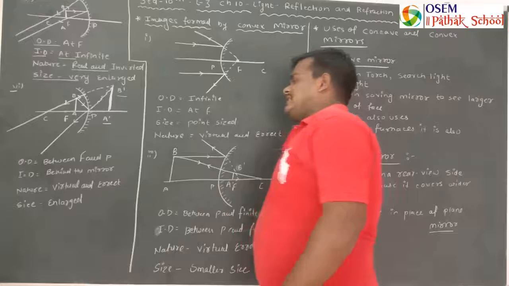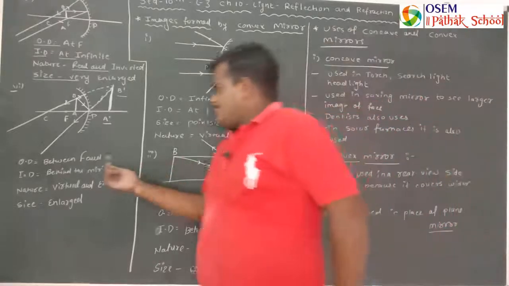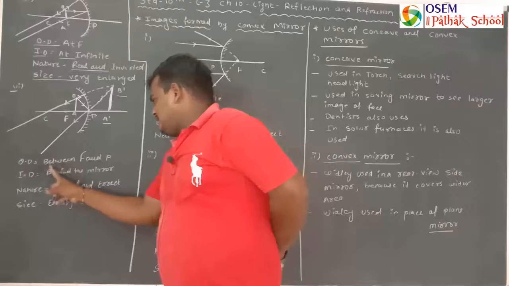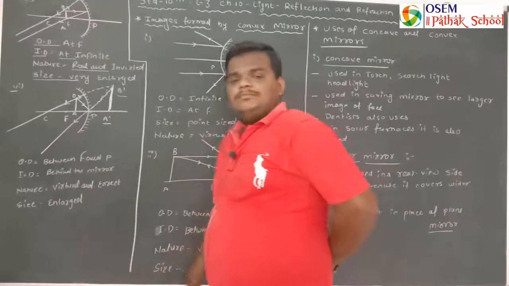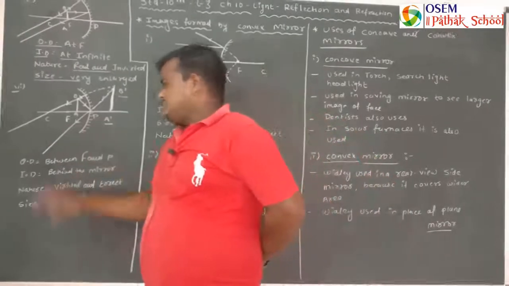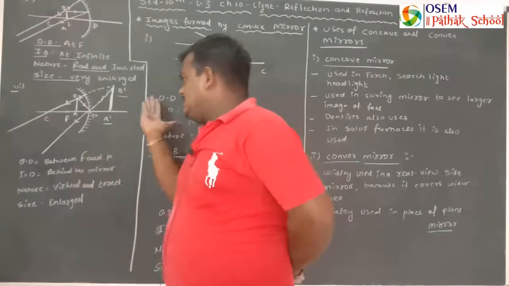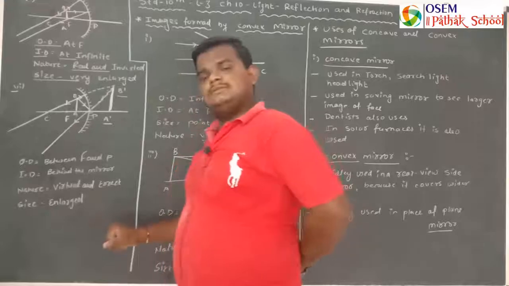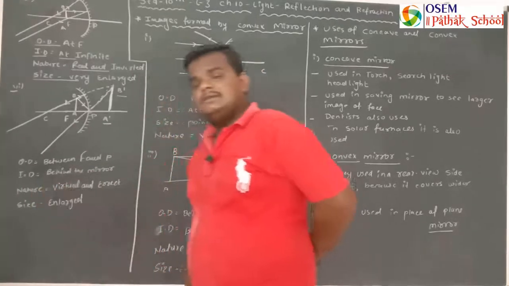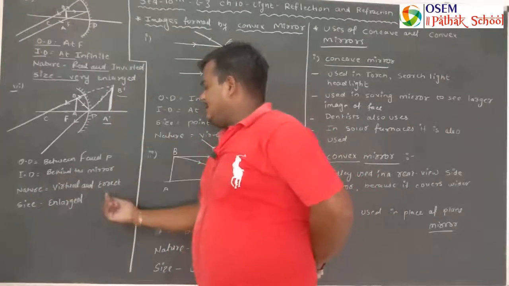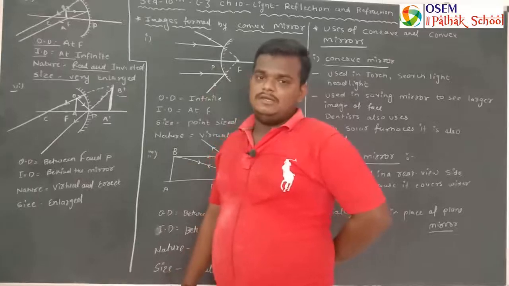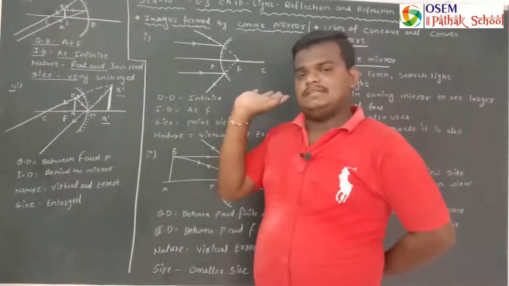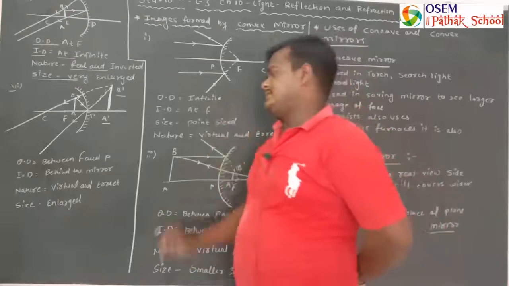What characteristics should we write here? Object distance: between F and P. I placed it between focus and pole. Image distance: it is obtained behind the mirror. This is our mirror, and behind the mirror I obtained the image. What about the nature? The nature is virtual and erect, meaning it is obtained as it is, as the object is placed in front of the concave mirror.